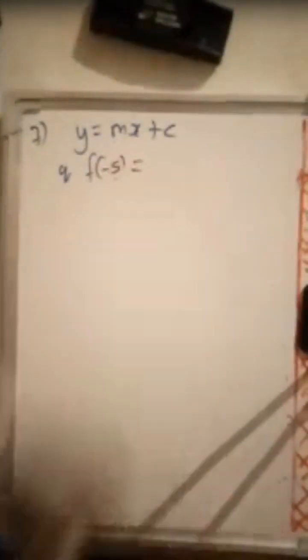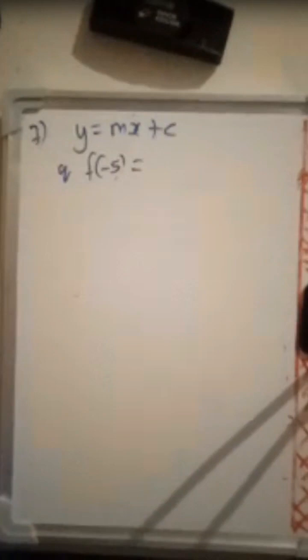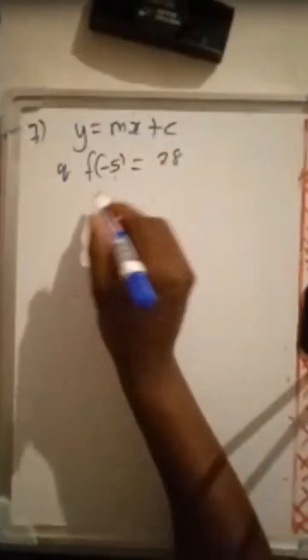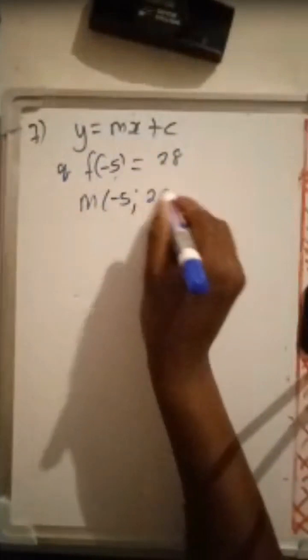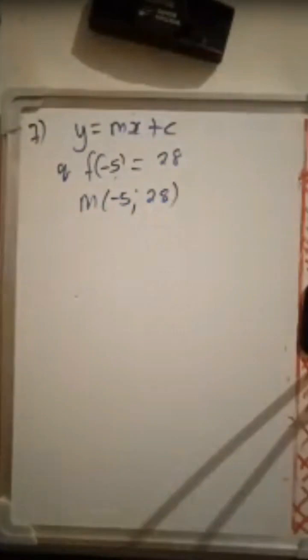That is going to be, in brackets, negative 5 cubed plus 5 times negative 5 squared minus 8 times negative 5 minus 12. We get 28. So M is having coordinates negative 5, 28.